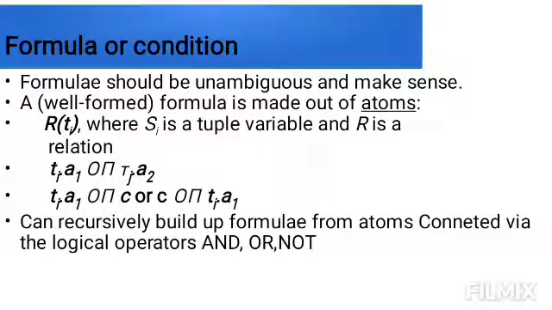First, R(Ti), where Ti is a tuple variable and R is a relation, as in EMPLOYEE(T). Second, Ti.A1 OP Tj.A2, where OP is a comparison operator such as equal to, not equal to, or less than or equal to, and A1 and A2 are attributes of the relations on which Ti and Tj range respectively. Third, Ti.A1 OP C or C OP Ti.A1, where C is a constant.